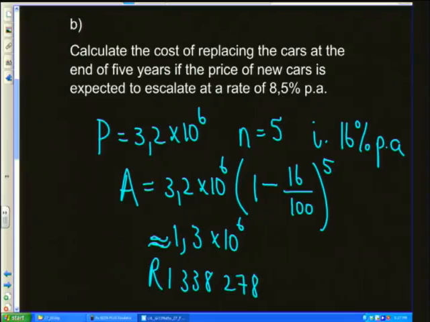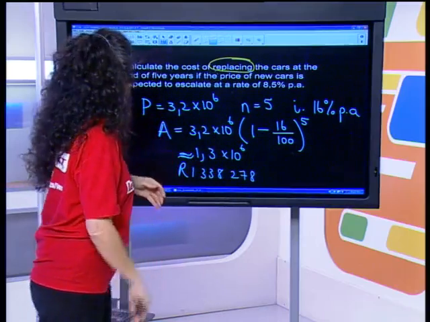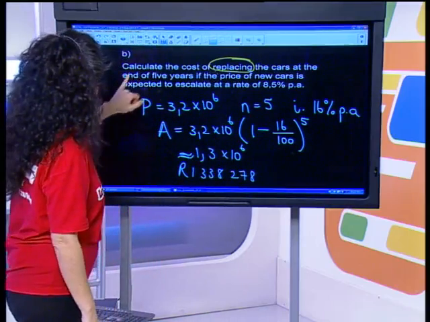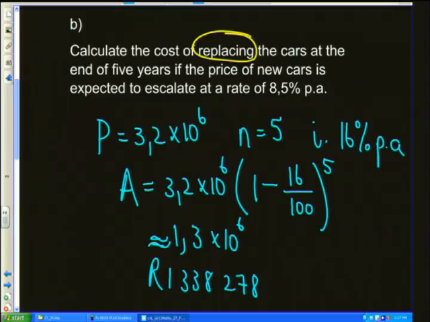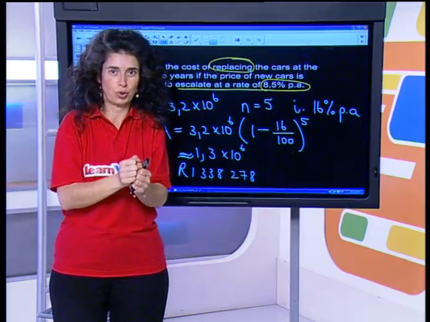Now, any company would want to replace machinery, fleets of cars, trucks, whatever you're working with. We want to be able to replace them. And the next calculation is: calculate the cost of replacing the cars at the end of 5 years if the price of the new cars is expected to escalate at a rate of 8.5%. Now think about what's happening. 2014, we have a fleet of cars. It's worth 3.2.